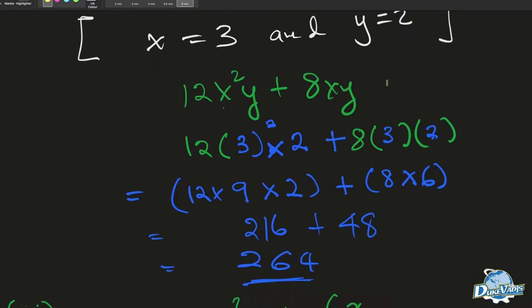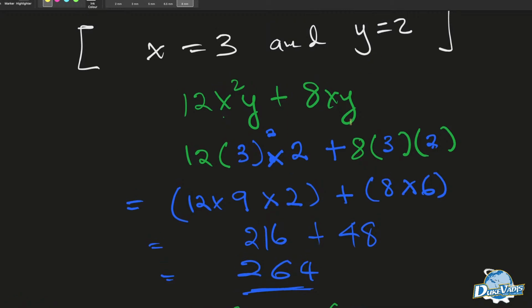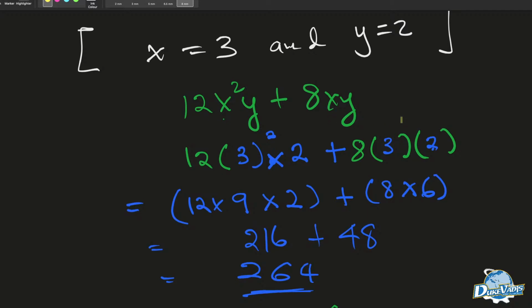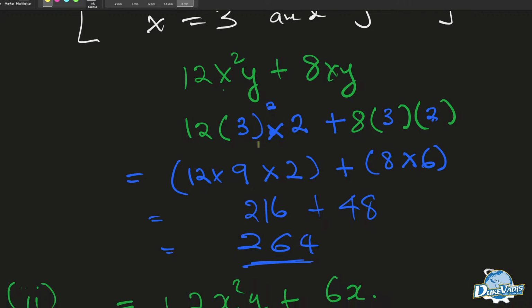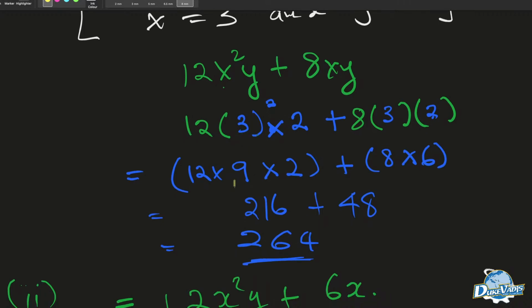When we put it in the equation, we have 12 times 3 squared times y, which is 2, given y is 2 over here. Okay, then 8 times xy. Our x is 3, y is 2. So when we square 3, we get 9, so we put it here, and then times 2.